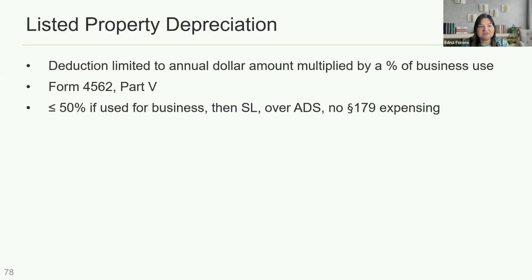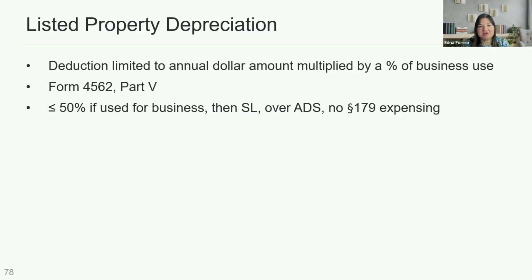If it's under 50%, then you're going to use straight line depreciation, and you're not going to do any section 179 expense on that. So you'll fill that out on a form 4562 part 5 to report that. Again, if your client is coming from another tax practice from before, make sure that you have a list of what items are listed property so that you can continue the right depreciation and make sure it's being done properly.